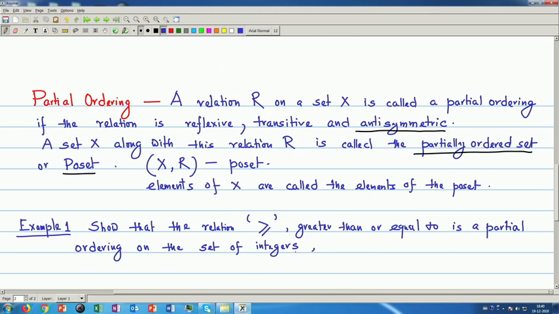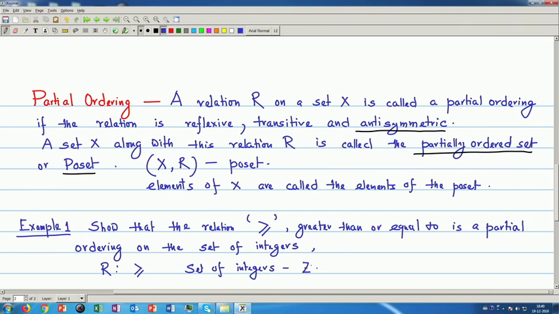Now, let the relation be R, which is greater than or equal to, and the set of integers, which we normally denote as Z.